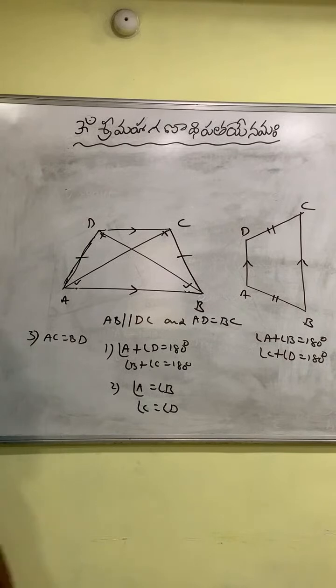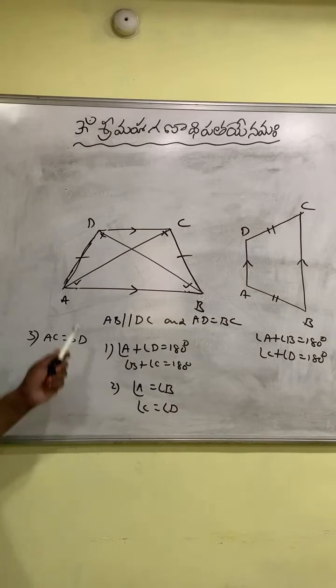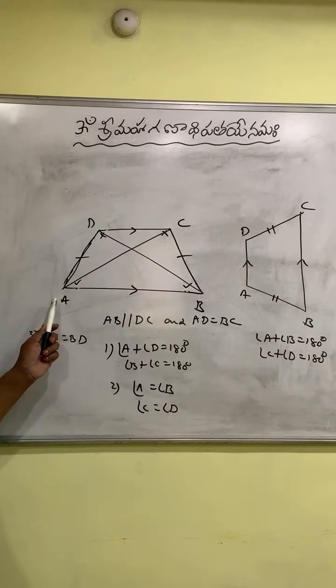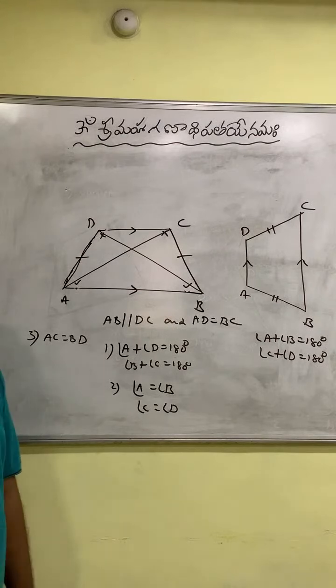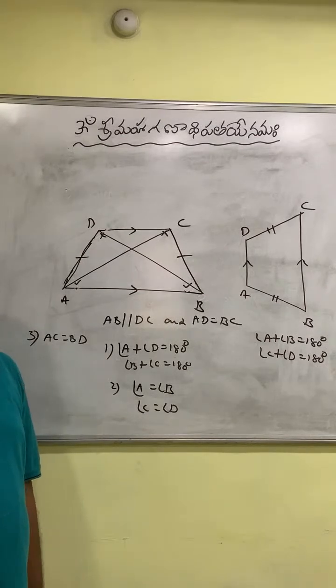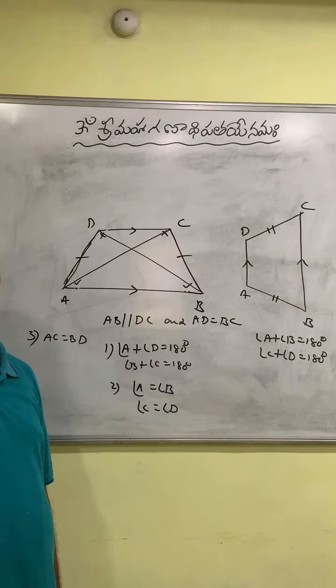Remember, in an isosceles trapezium the diagonals are equal. Okay? These are the three properties that an isosceles trapezium is having. Okay?